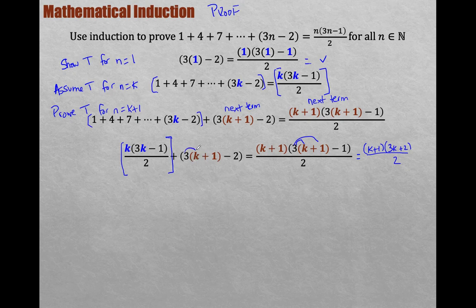So I'm going to do the same here. 3k plus 3 minus 2 is 3k plus 1, right? But notice this piece is over 2. And this piece ain't. Can you fix that? And further, notice that where I'm trying to go on the right-hand side is over 2. Everything's over 2. So I think I'll probably make this over 2. So now I'm starting to get where I want to go.